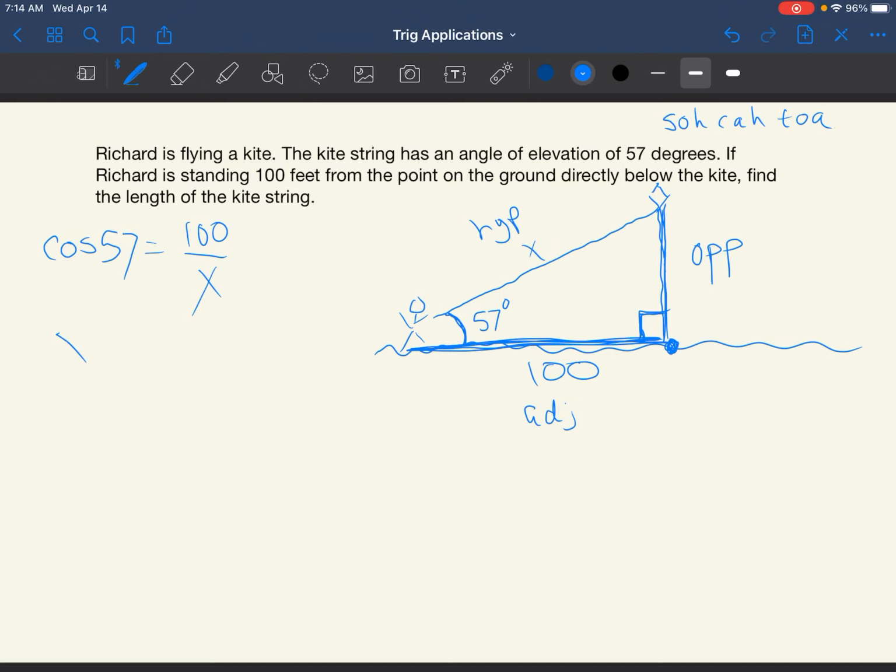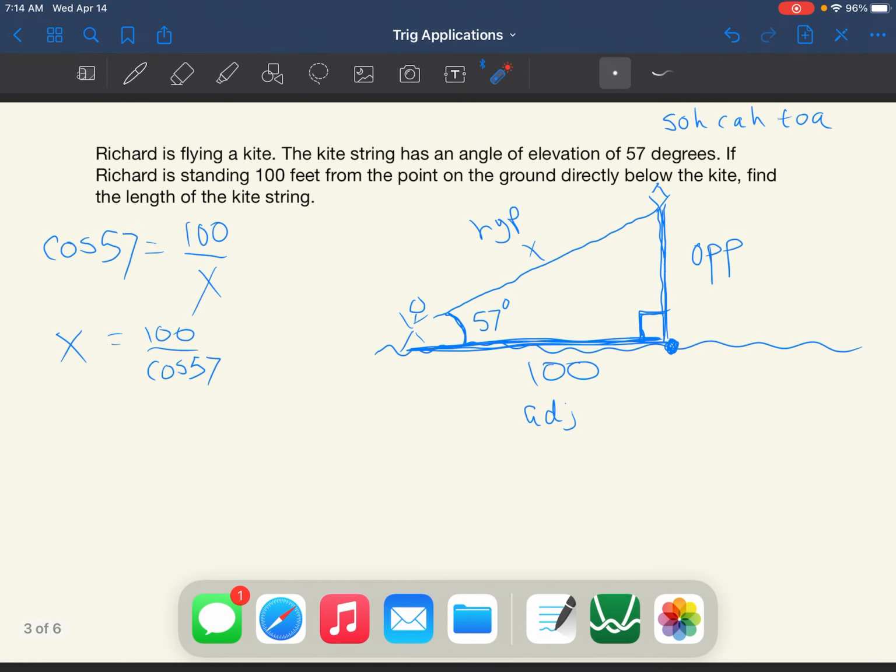The X will come up to where the cosine 57 is, and the cosine 57 will go down to where the X is. So X and cosine 57, they just switch places. Okay, and now look, X is all by itself. That is ready to plug into the calculator.